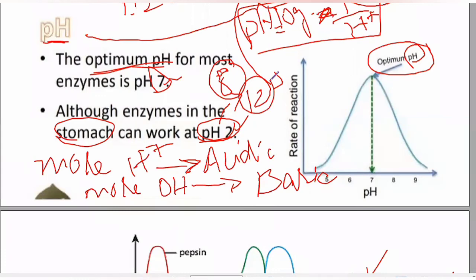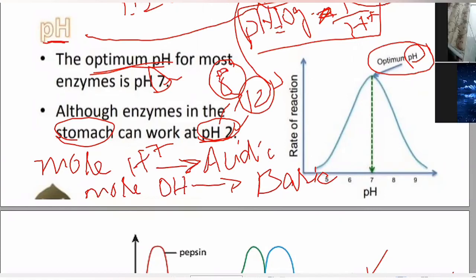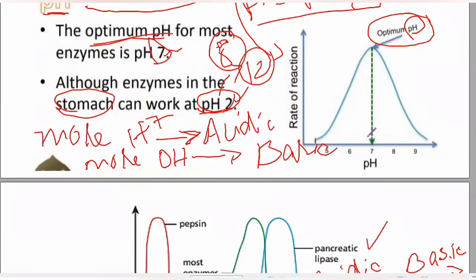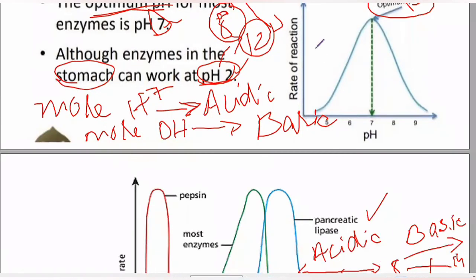In a similar way, like it was denatured by changing the temperature, its three-dimensional globular structure will be lost, and it is said to be denatured or destroyed, and the reaction will not be able to proceed if it is denatured.